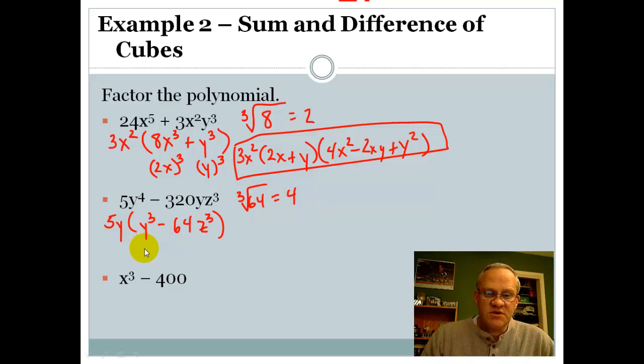So what this means is I've got y to the third power, and this would be 4z to the third power. So now when I put this in my final answer here, I've got the 5y, the GCF, and the parentheses with two things in it, it's going to be the y from here, and the 4z, and it's minus 4z.